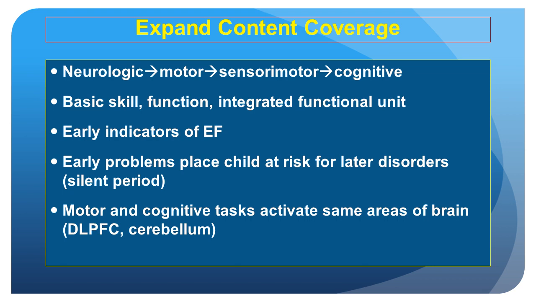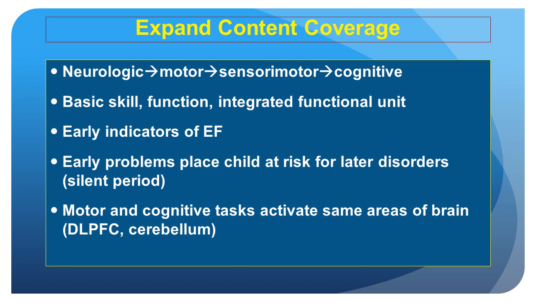I wanted to expand the content coverage because our ability to assess children evolved from the neurologic function to motor function, which is gross motor function like head control, things of that nature, to sensory motor, which is reaching behavior, to cognitive behaviors. And this depends on the child's age.